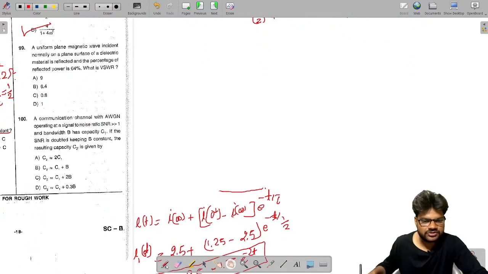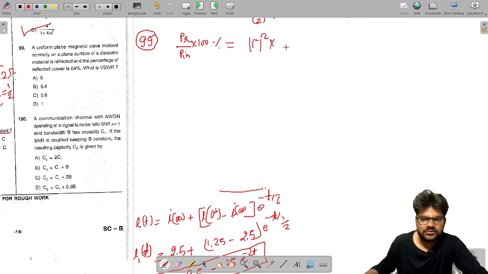Next question is question number 99. Question is a uniform plane wave incident normally on a plane surface of a dielectric material is reflected, and the percentage of reflected power is 64%. So how much power is reflected divided by how much power is incident, in percentage we write, this is equals to mod of reflection coefficient whole square into 100 percent, right?